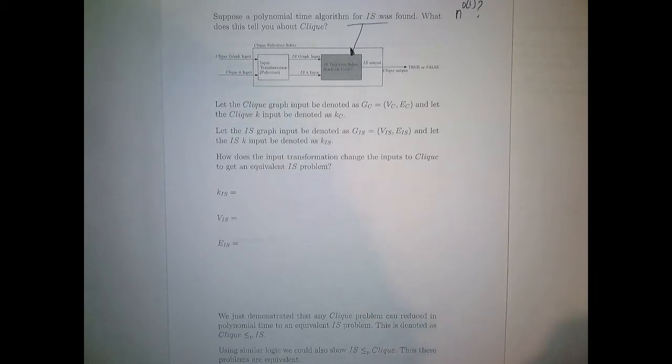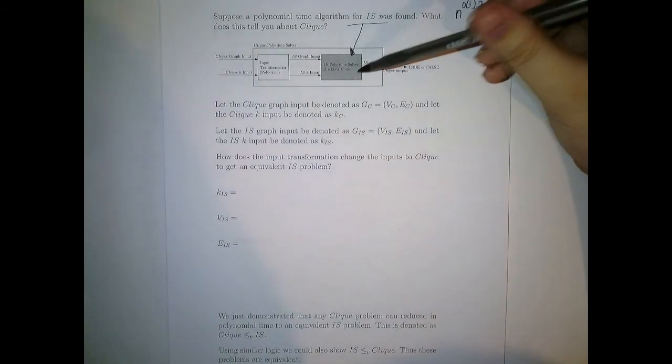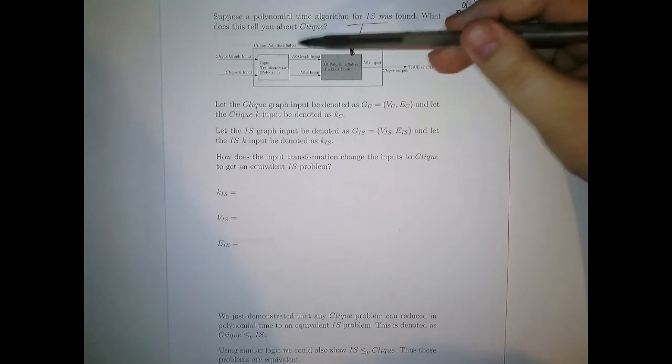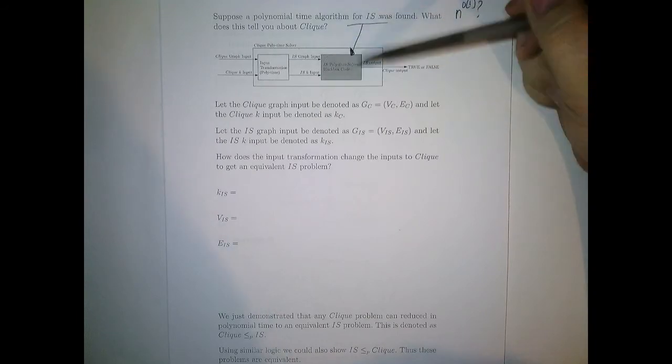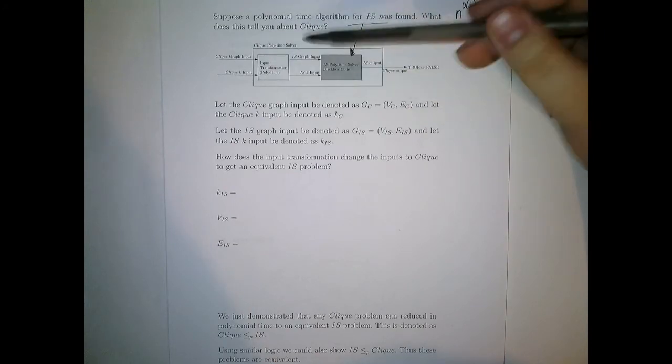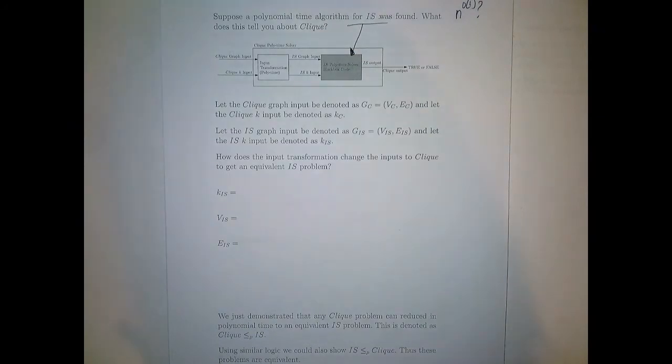We could still solve Clique by using their solution as part of ours, as a subroutine in our solution. So they have a polynomial time independent set solution, and we use it to solve Clique in polynomial time. This black box represents our friend's code. This larger box containing it represents our Clique polynomial time solution.